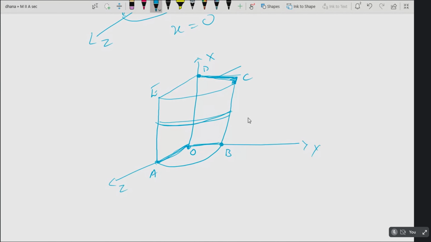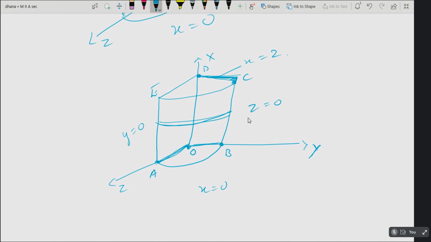This line is x is equal to 2, you can say. Here y is 0. Here z is 0, the xy plane. This is the yz plane, so here x will be equal to 0.